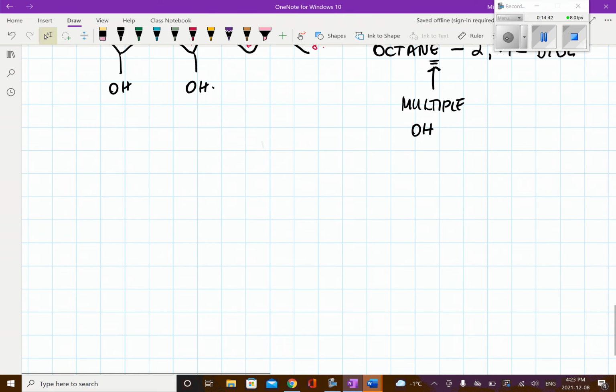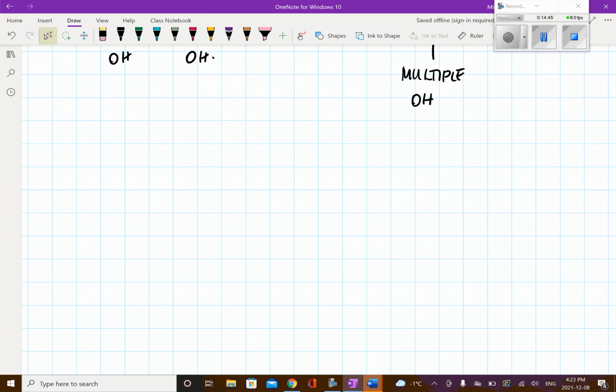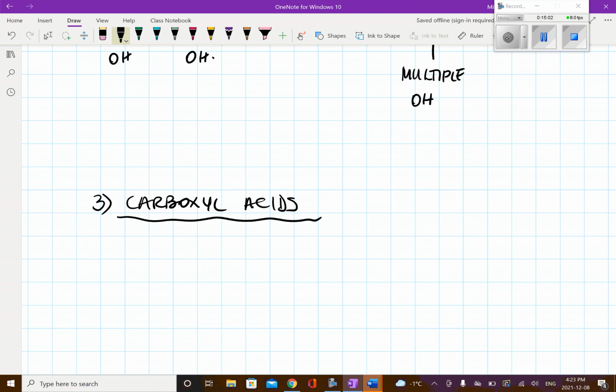Okay, the third hydrocarbon derivative that we will see how to name is known as the carboxylic acid. Carboxylic acids are organic acids, and as a part of them, they have a carboxyl group, a functional group, of course.